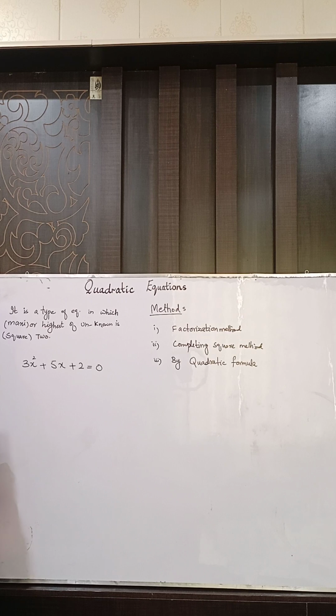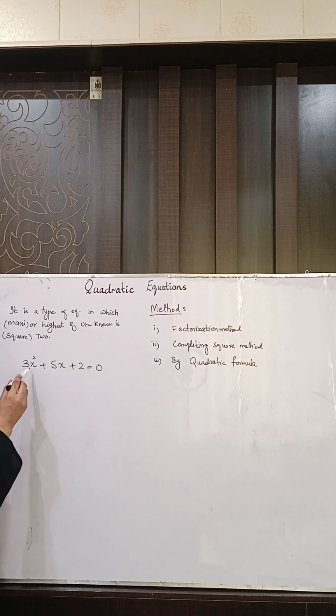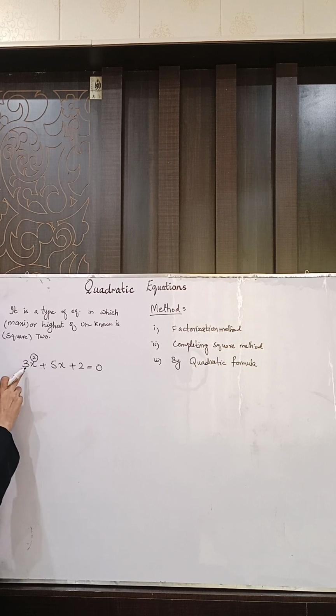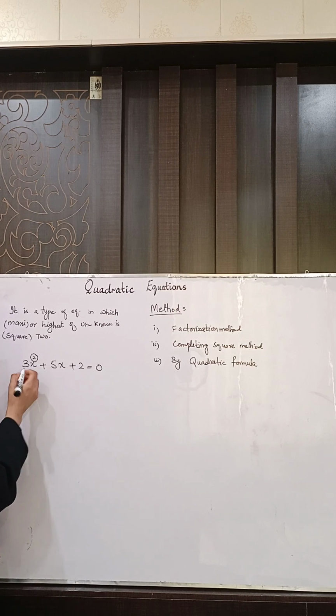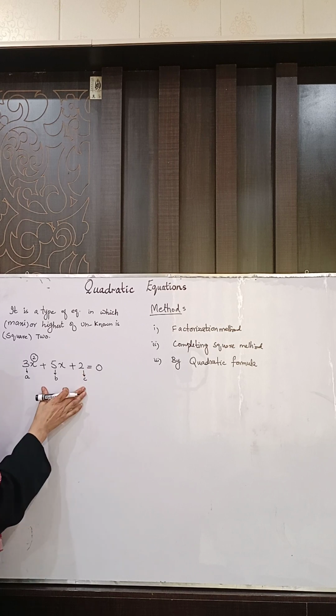Now first of all you should see that it is a quadratic equation. We have an unknown with the highest power 2. 3 is the coefficient of x square, 5 is the coefficient of x, and 2 is the constant number. Previously we were calling them a, b and c, the numerical constants.